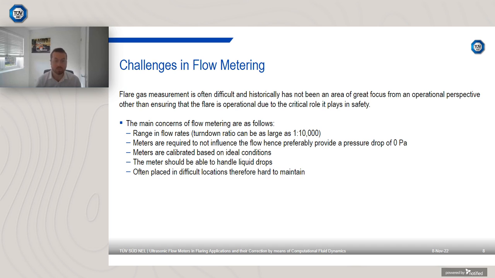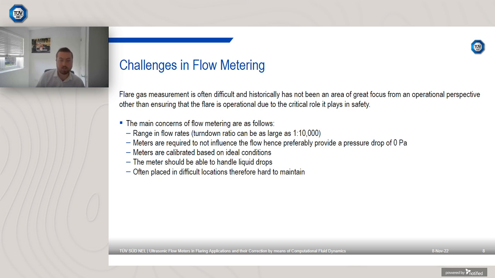A lot of meters can only be calibrated based on ideal conditions, but as you'll see later on, this is not always the case with flare systems. So most of the time, flow meters will be installed in non-ideal conditions. The meter is often placed just after the knockout drum, and from the knockout drum you could have oil droplets or water droplets, so you need to make sure that your meter will not be affected by liquid drops.